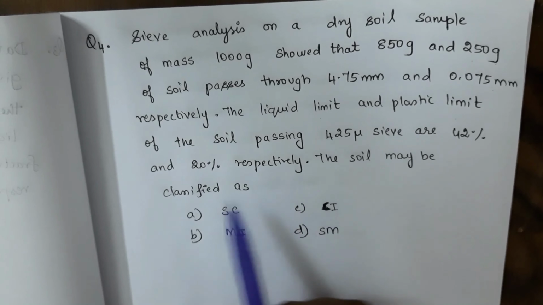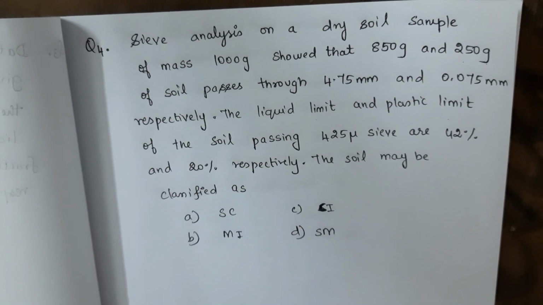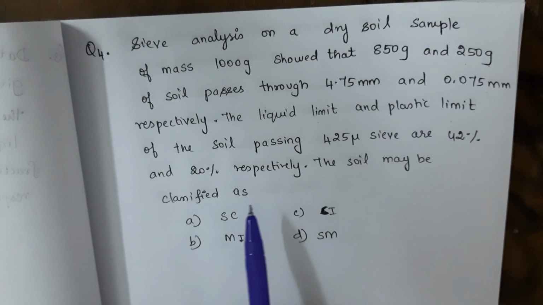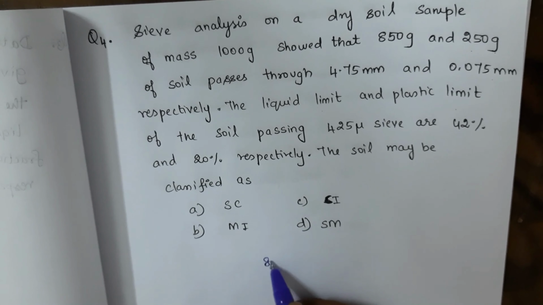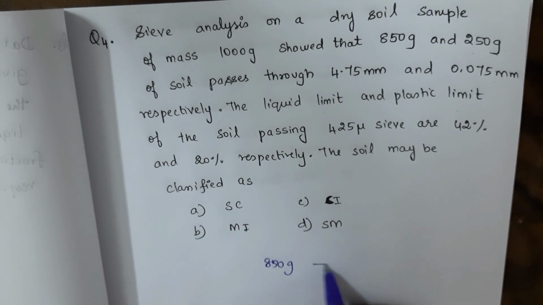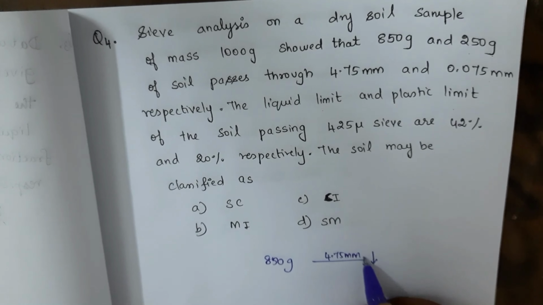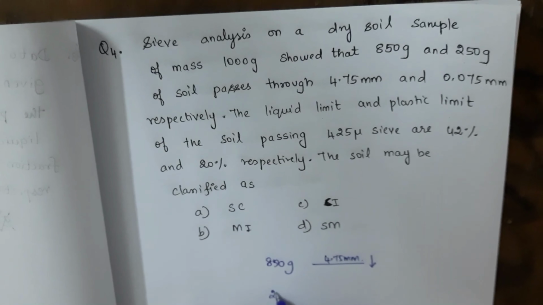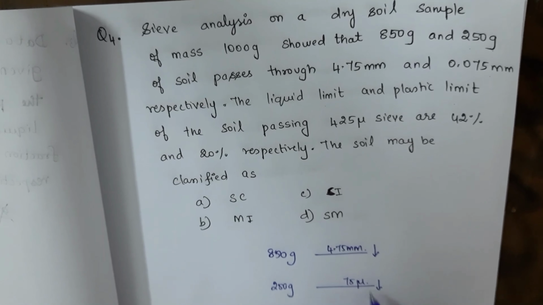The soil may be classified as SC, CI, MI and SM are the options. So having given the data, we can note that 850 grams has passed through the 4.75 mm sieve and 250 grams has passed through the 75 micron sieve.